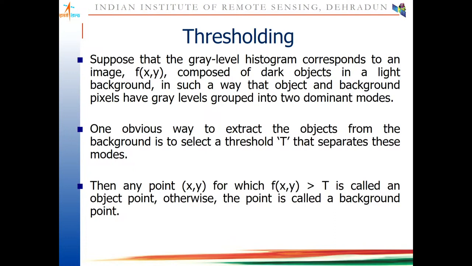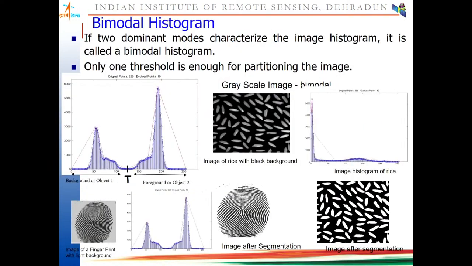One very obvious way to extract the objects from the background is to select a threshold T, as we have seen in the previous stepwise discussion. This threshold will separate these two modes. Then any point (x, y) for which f(x, y) is greater than T is called an object point. Otherwise, the point is called a background point. So this is how the algorithm works.